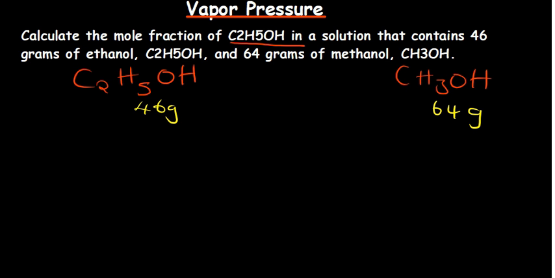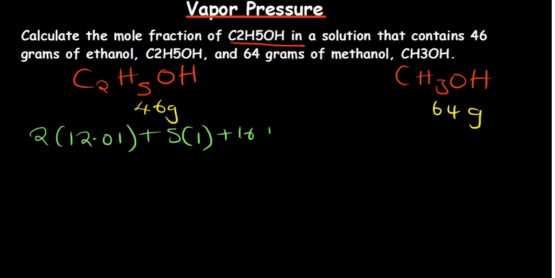Obviously we understand that the mole fraction is just the number of moles of that very substance divided by the total number of moles. So we need to find the individual number of moles for the two. So the question is, what are their molar masses? We'll just estimate. Carbon has approximately 12.01, hydrogen we'll take as 1, and oxygen is 16.